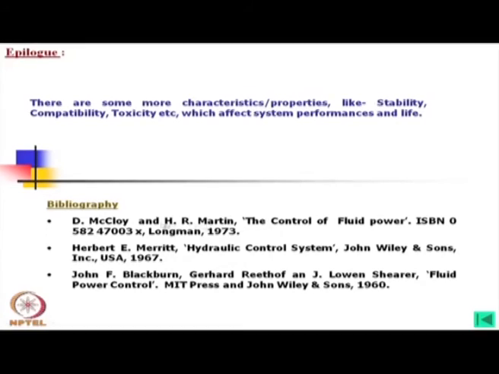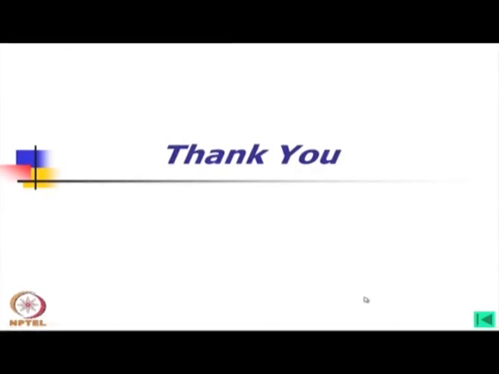For the properties I would like to mention the first book and the last one, Martin and McCloy, and Blackburn and Rayforth. However, in the Merritt book also there are some properties, but this is more useful for carrying out the calculation for valves and any systems. And thank you for listening.